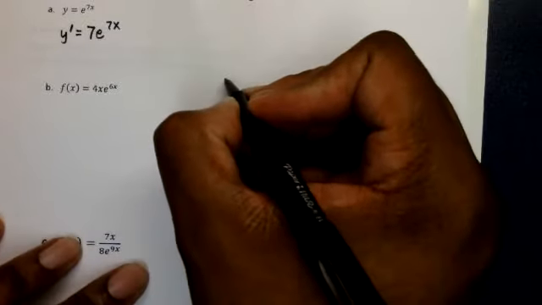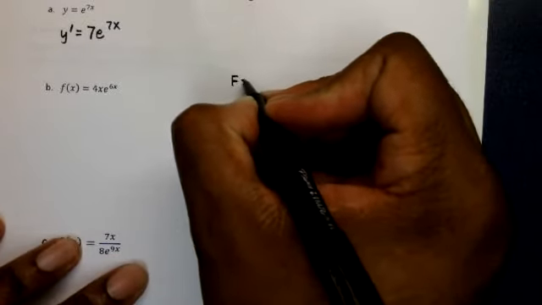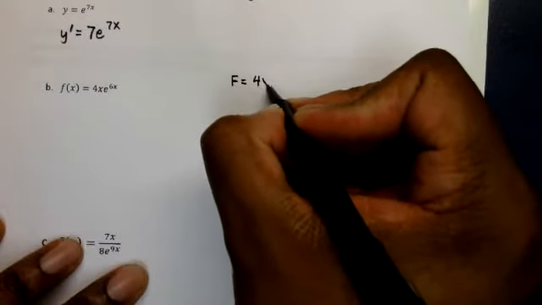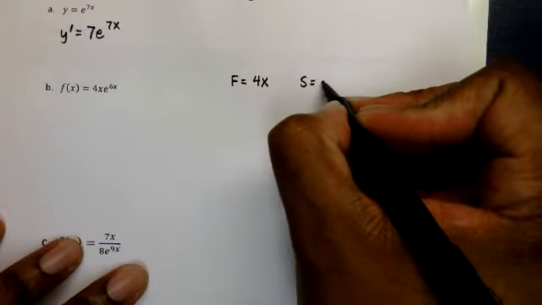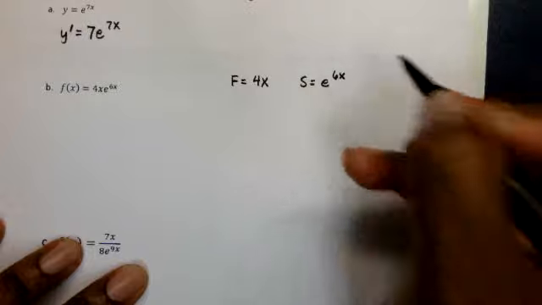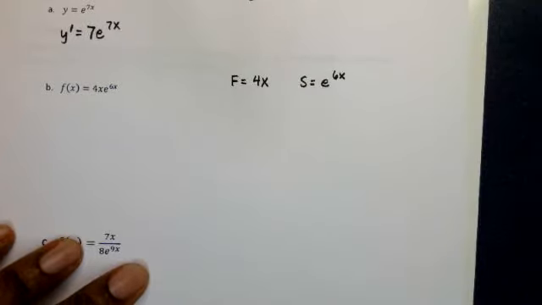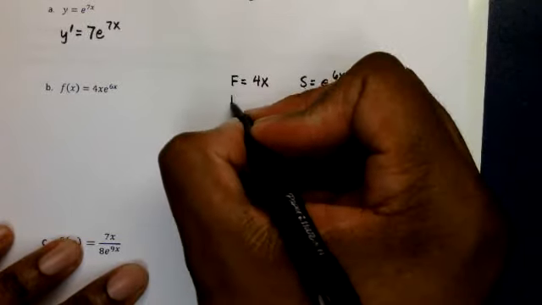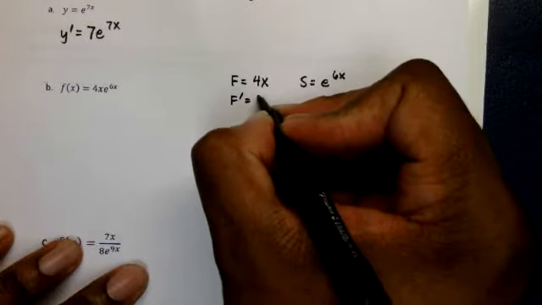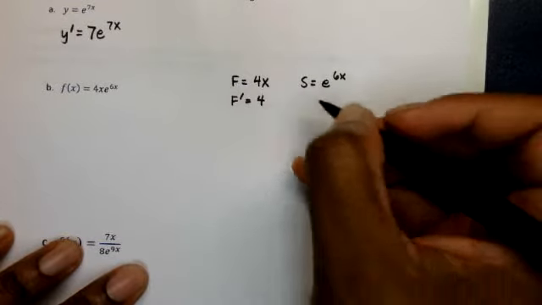So here I'm going to identify the first term. In this case, that's going to be 4x. The second term would be the e to the 6x. Well, the first term is 4x, so that means that the derivative of the first will have to be simply 4.